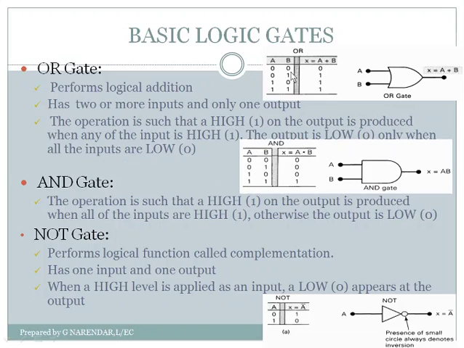So this gives the behavior of the operation performed by OR gate, its logical symbol, its behavior expressed as a boolean expression or boolean equation x equal to a plus b, and its behavior represented by a table called truth table.